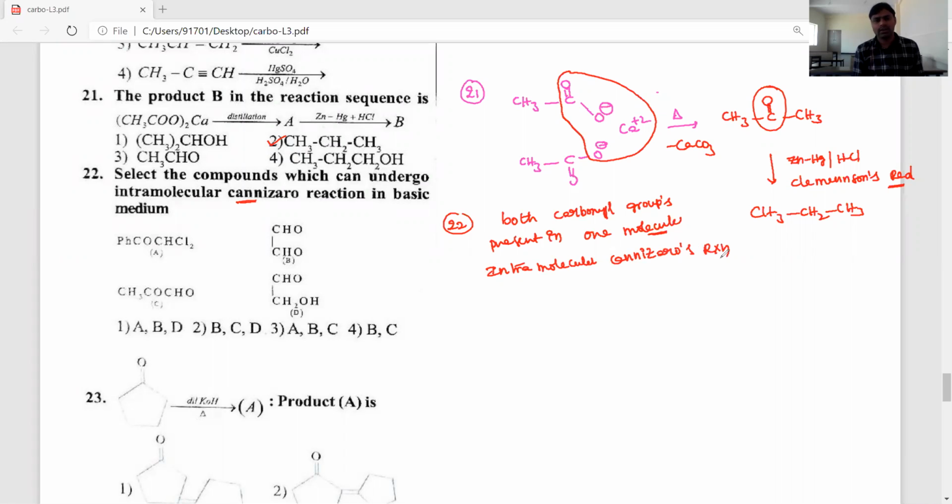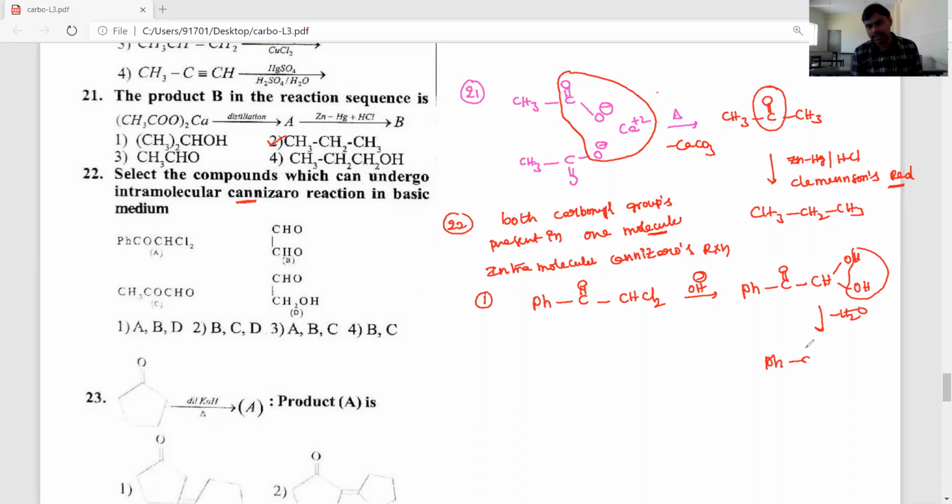Okay, students. Now let's see the first one. Ph C double bond O CH Cl2 in the presence of base. In the presence of base, first it is converted into Ph C double bond O CH(OH)2, and with loss of a water molecule it is converted into Ph C double bond O CHO.